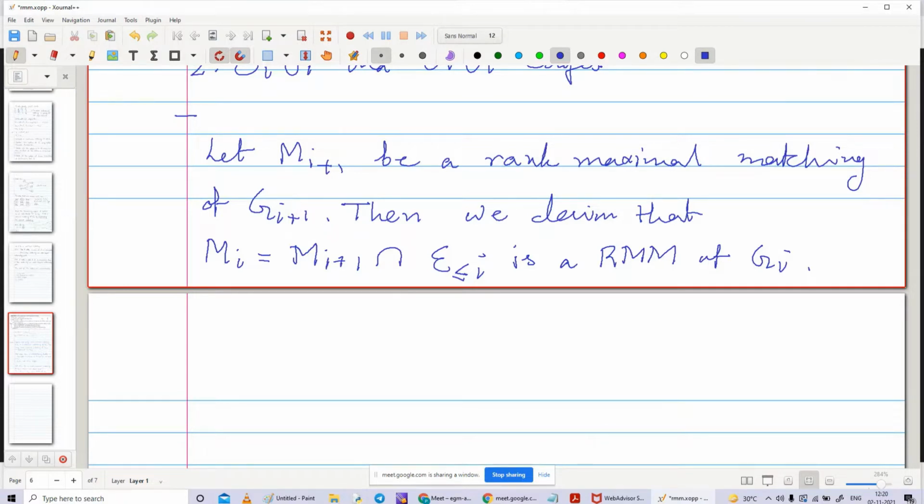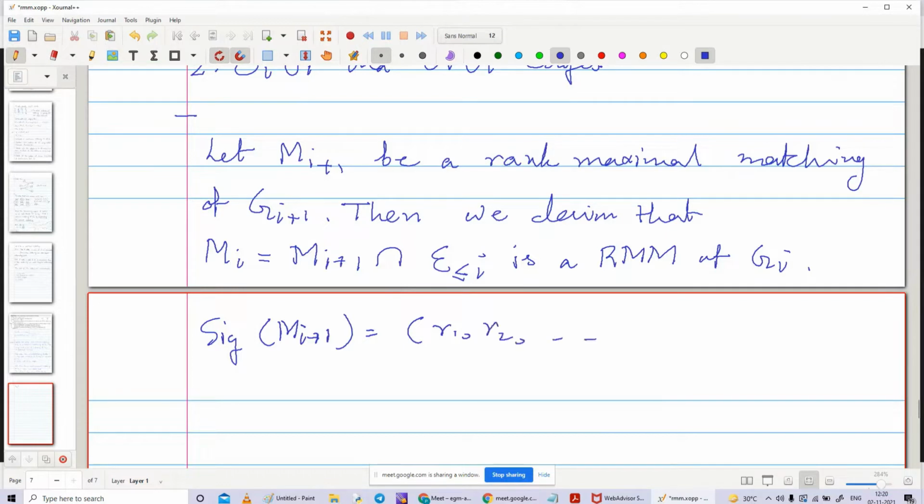Exactly. So let's say the signature of Mi plus 1 is r1 r2 ... ri plus 1. Now the signature of Mi is r1 r2 ... ri.